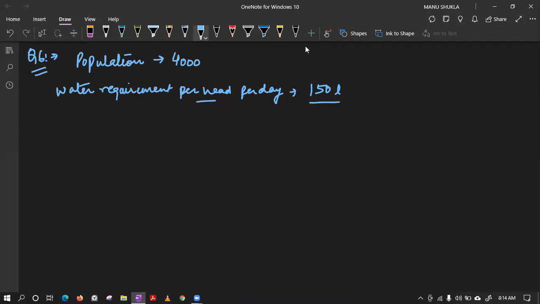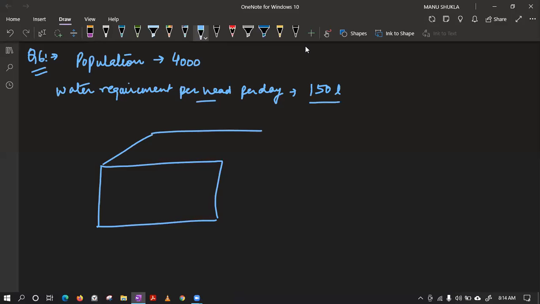Okay. Now the village has a tank, a big tank like this. This question is quite conceptual to understand. In this, given to us is the length of the tank is 20 meters, quite a long length to understand.